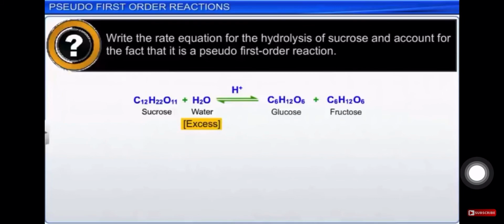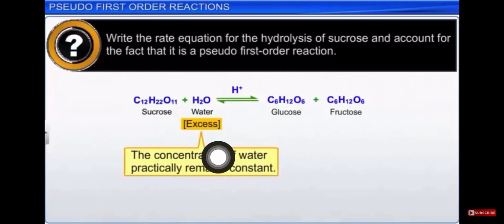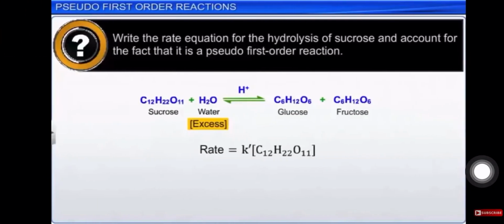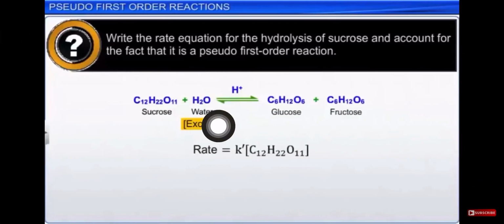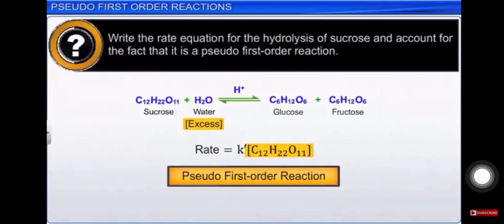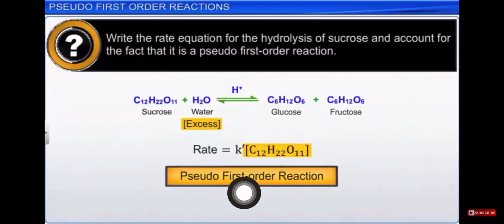But now, when we take an excess amount of water, water will remain practically constant. So we can replace K and the concentration of water with K dash. In this way we can write rate equals K dash [C12H22O11].